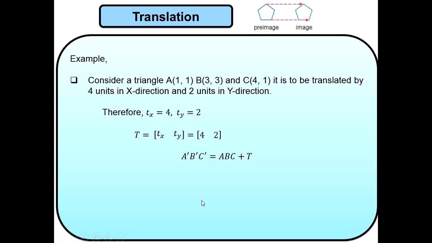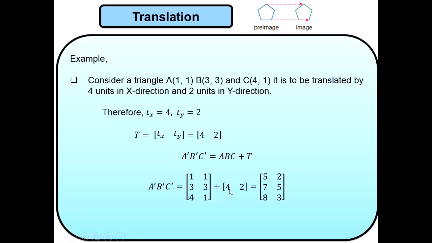Then the final position will be A dash, B dash, C dash, and this final position will be equal to the original position ABC plus the translation matrix T. Then we can get this simply by adding the translation matrix to the original matrix.